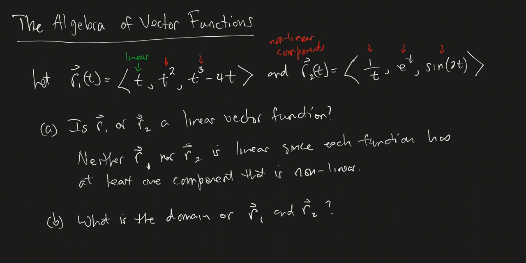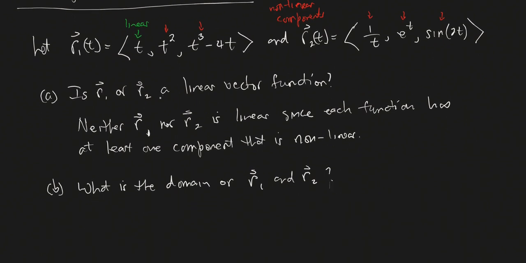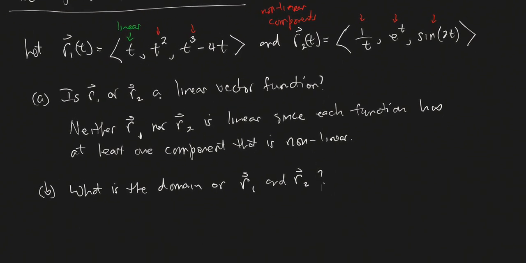So if we're dealing with a vector function and we're asked to determine its domain, we're going to have to look at each component of the vector function, find the domain of each component, and then see where all 3 components are well defined, right? So essentially, it's like you're doing a domain question 3 times over.